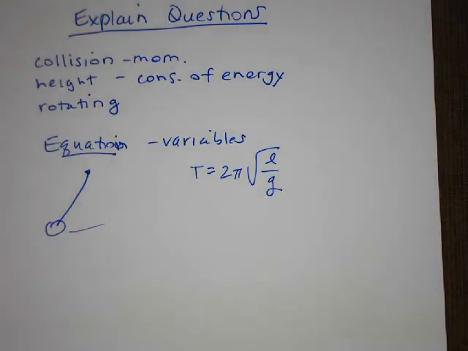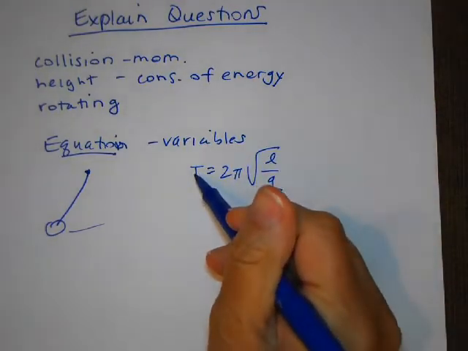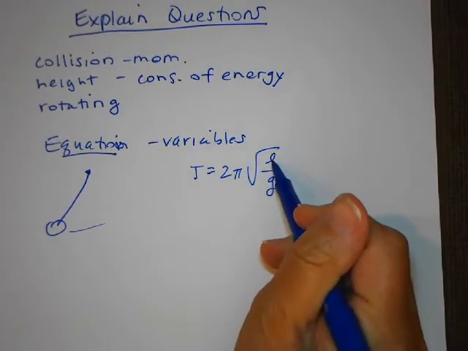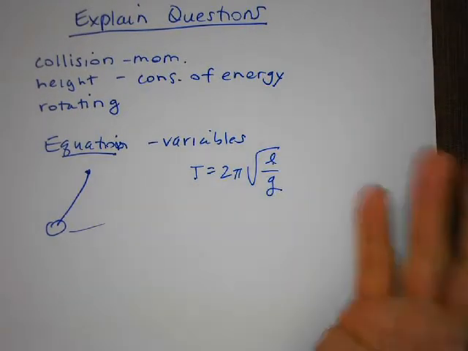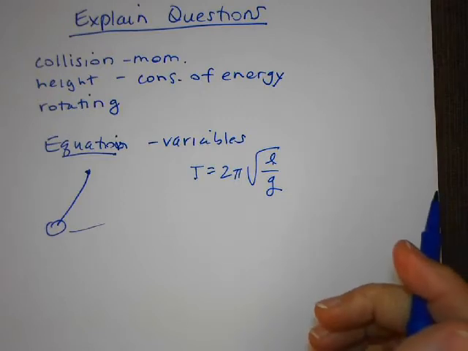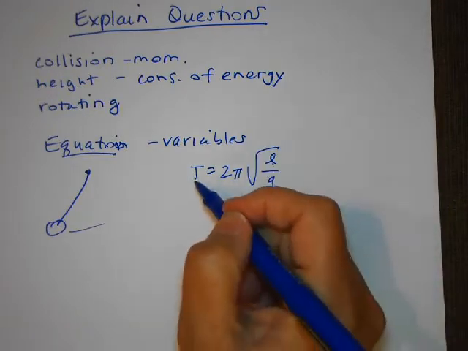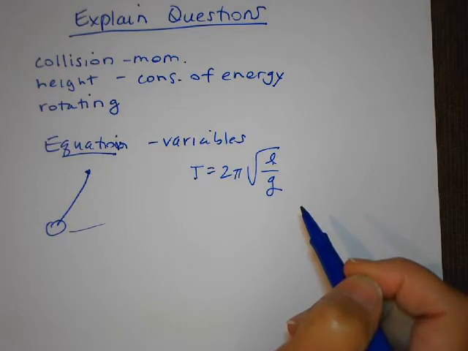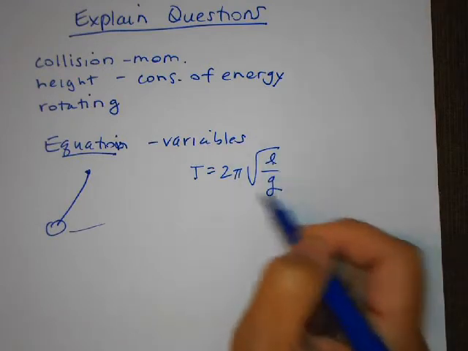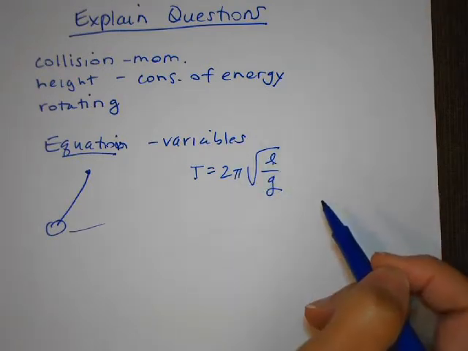Then they might ask, how would the period be affected if the length of the pendulum doubles? Or maybe they would ask, what would happen to the period if the mass doubles? Well, the mass isn't in the equation. It would remain the same.